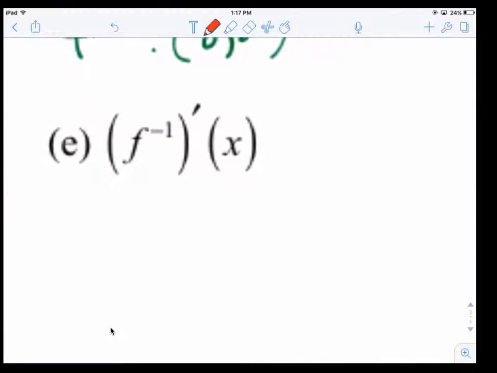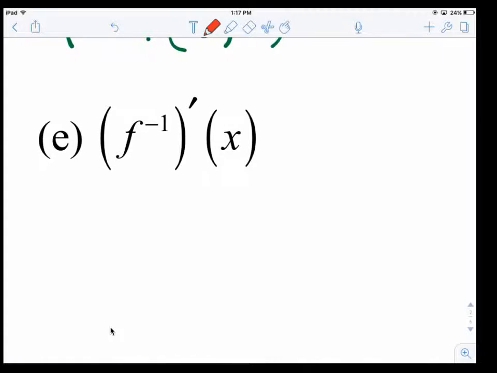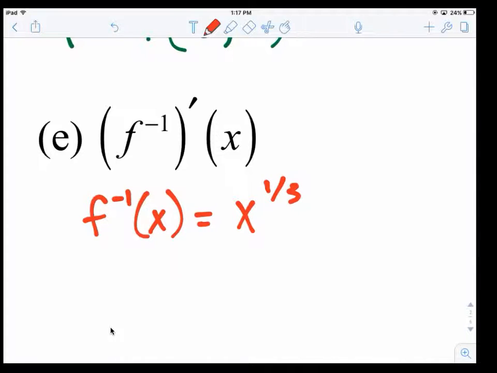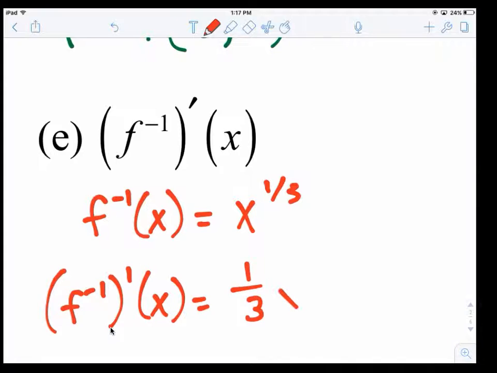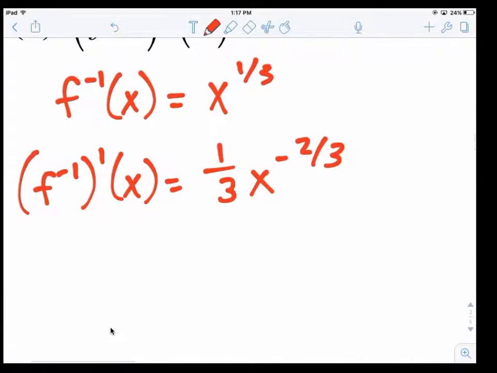Okay, so what would the derivative then be of the inverse? Okay, good.